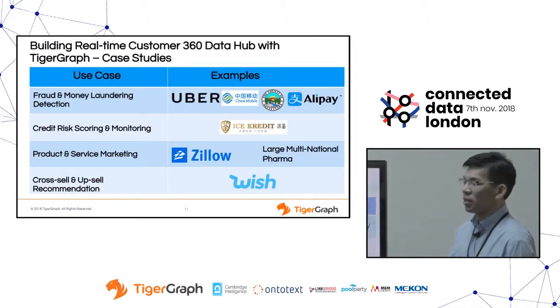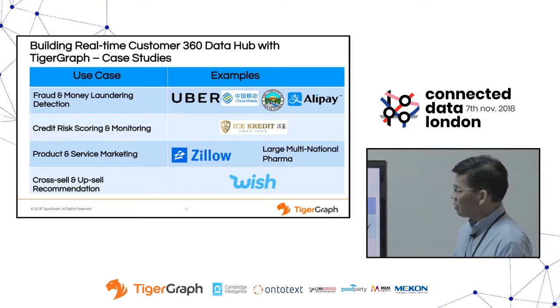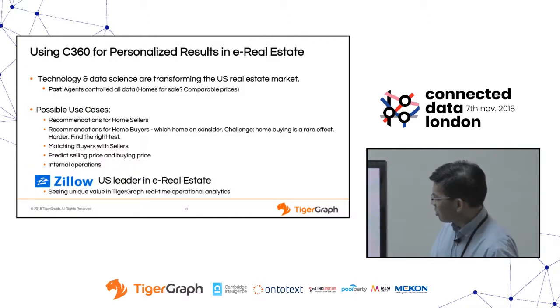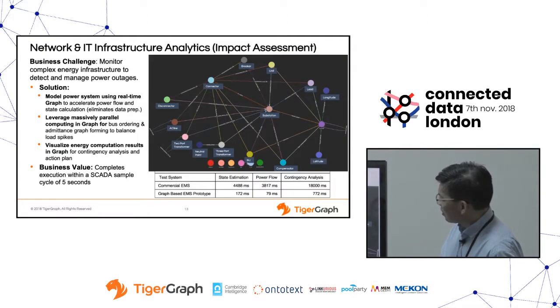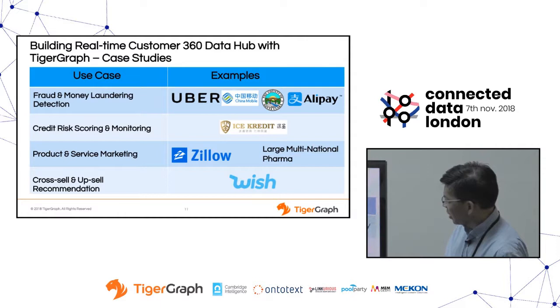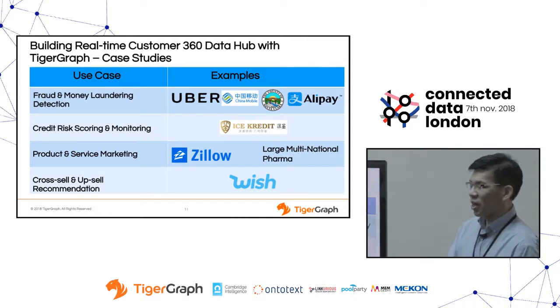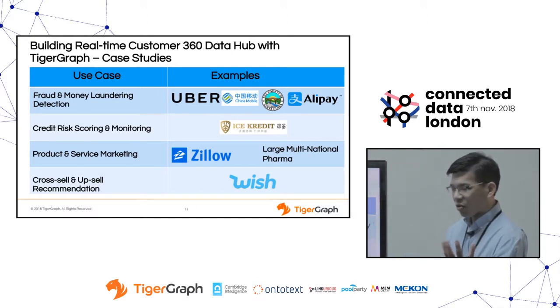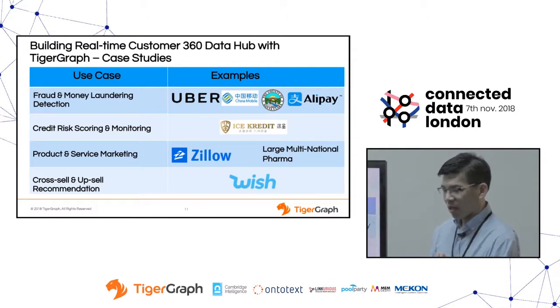I'll try to spend the rest of my time talking about use cases and our new graph analytics, graph algorithm library. This is a sample of some of our customers who, even though they have a variety of different use cases, are all in some way using graph to not only describe the operations, but also do customer 360, which is, again, describing all the things you know about your customers.